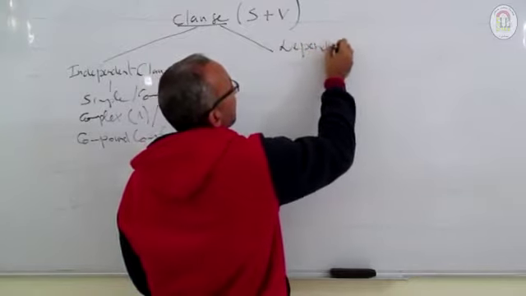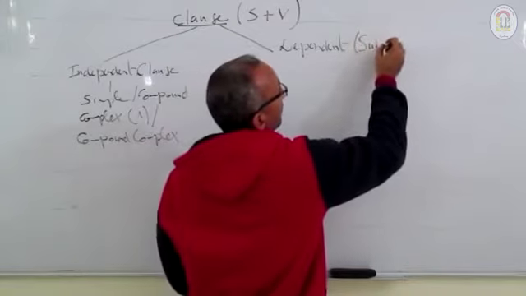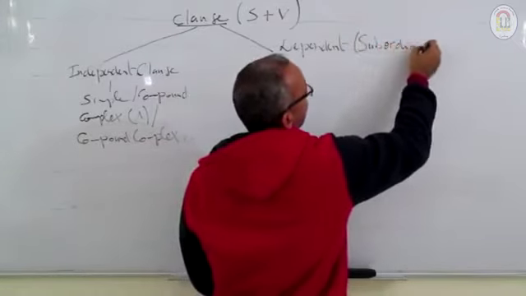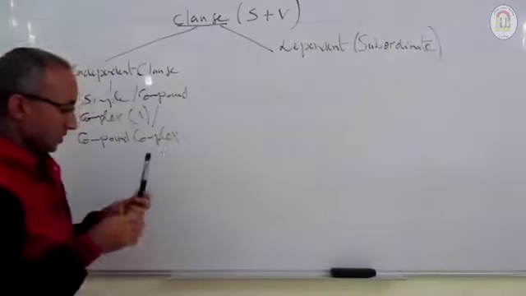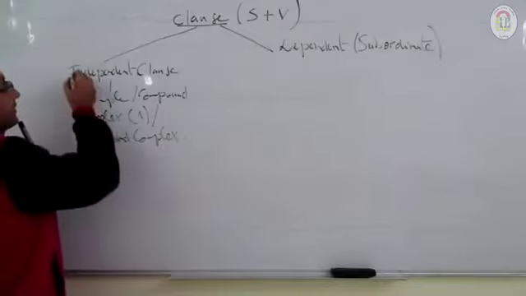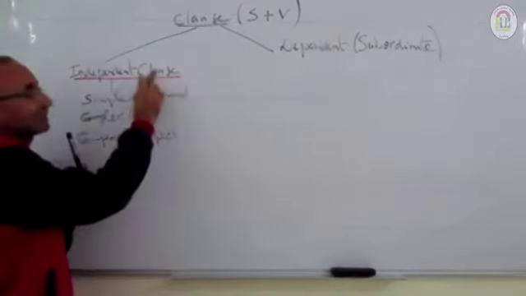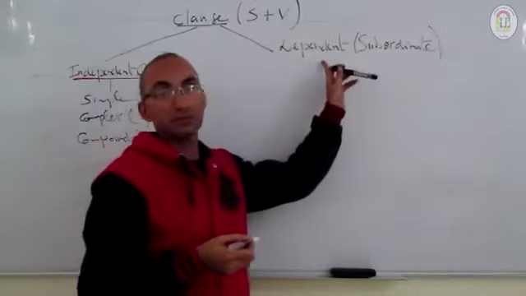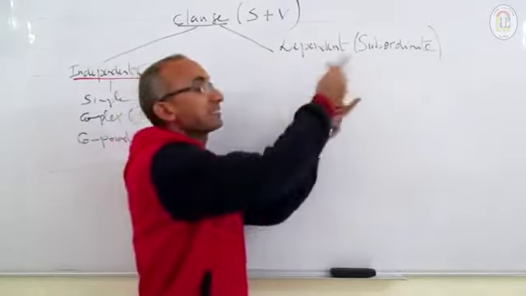Now, the second type is called what? Dependent. Or in some books of grammar it's called subordinate. This one, we said, it's independent because it can stand alone. It's complete in meaning. But this one cannot stand alone. Its meaning always depends on something else in the sentence.